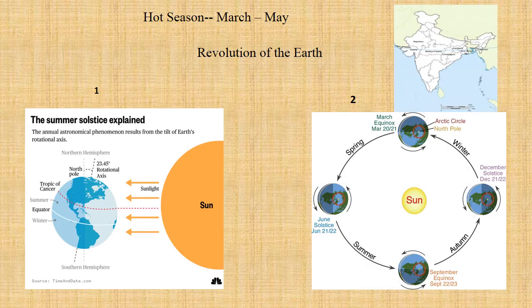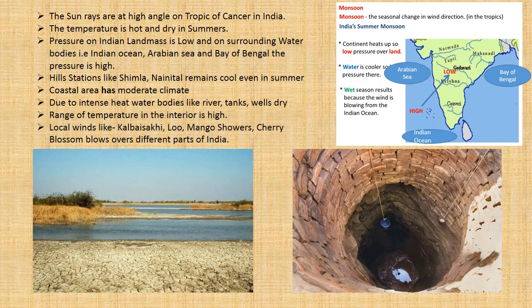Now let's go to the next slide. Now let's see what are the climatic conditions in the summer season. Due to high angle of sun rays over India and the Tropic of Cancer, the water bodies dry. Due to intense heat, the land and the water both get heated.